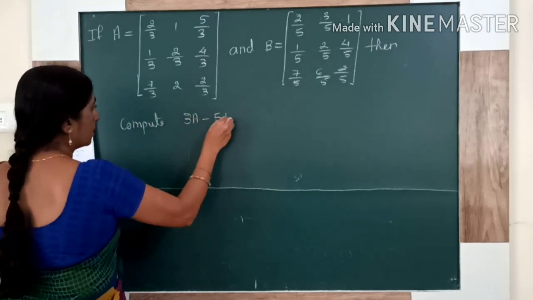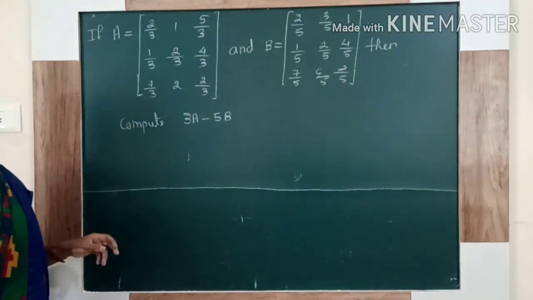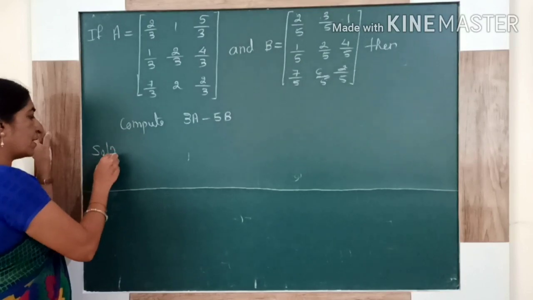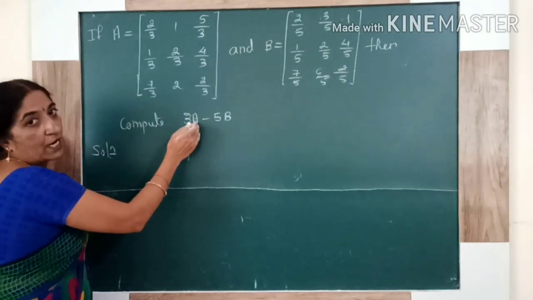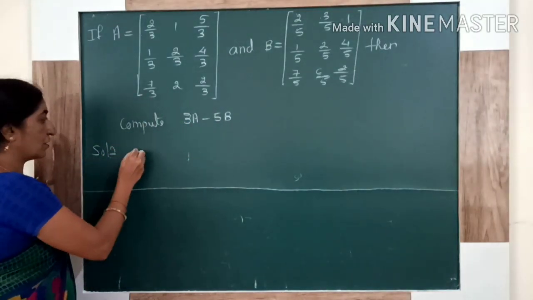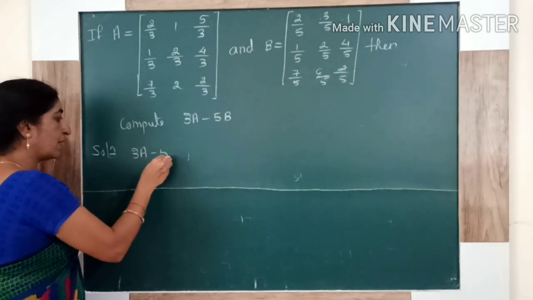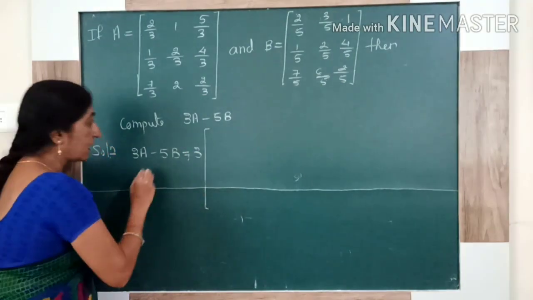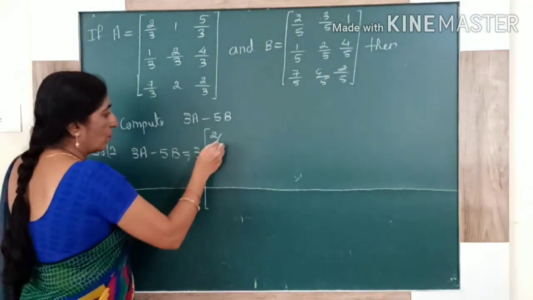3A minus 5B. So here it is very simple. It contains a scalar multiplication as well as subtraction. So write down 3A minus 5B. 3, I am writing A from the top as it is.